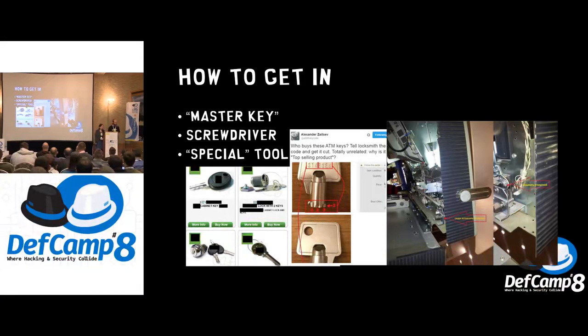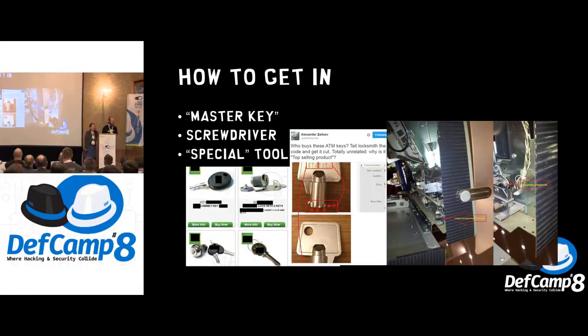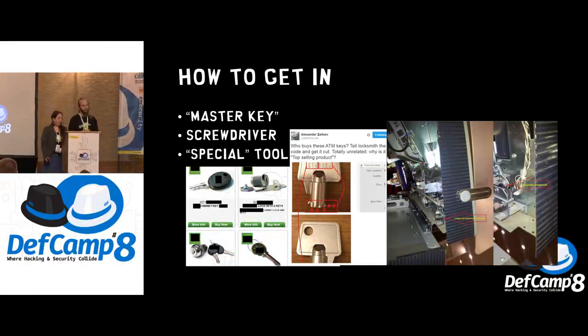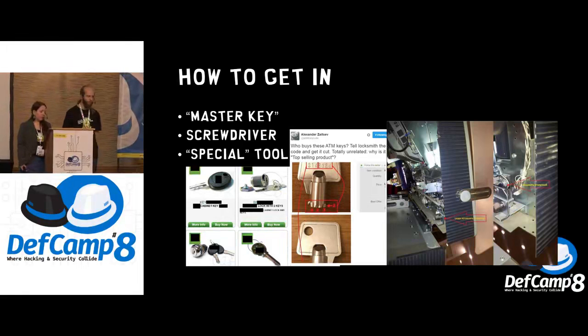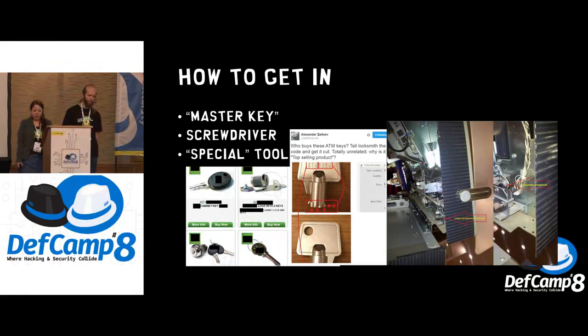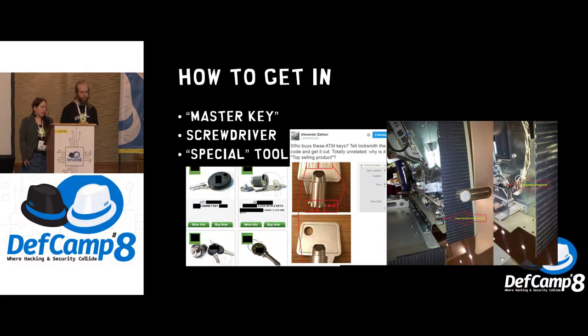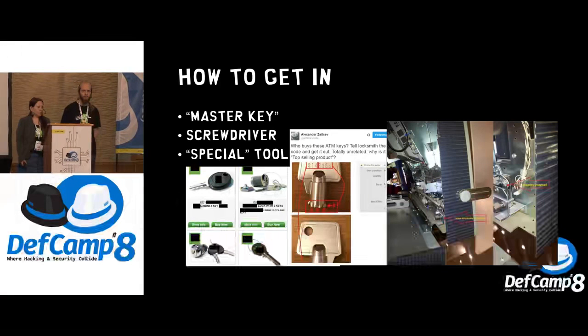And there is also a possibility to make a copy of this key if you know some code, like with tubular locks. And some smart guys know that if they use a screwdriver and put it in between the box of the ATM, they just press some special point and open the door.